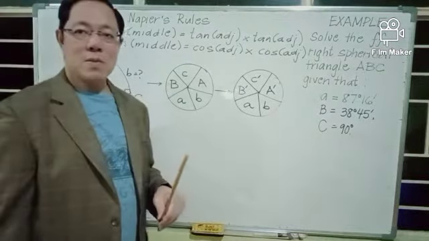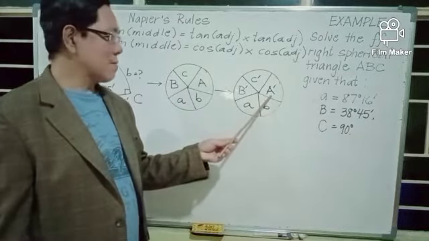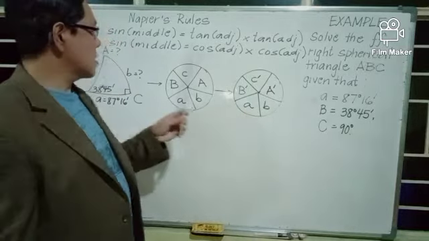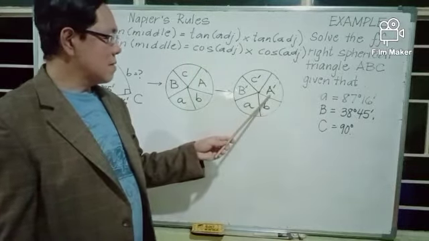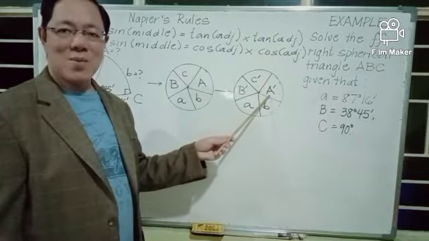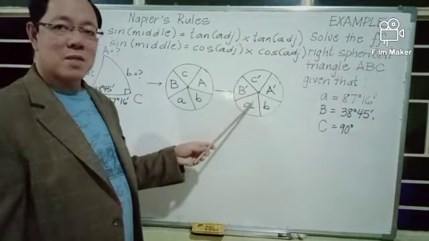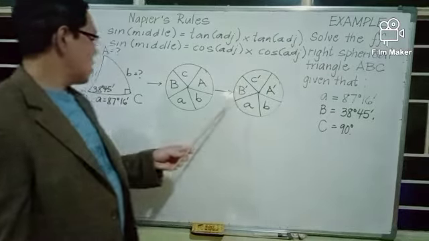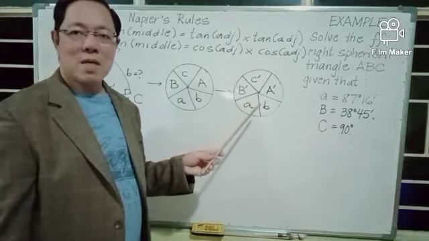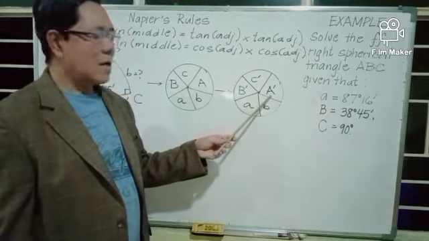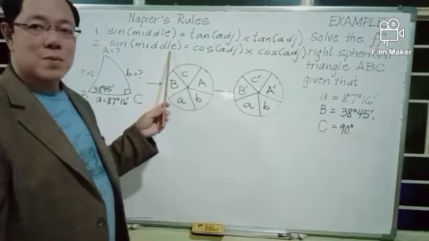Therefore, we cannot use the first Napier's rule to find angle capital A. Suppose we use the second Napier's rule, and it says the sine of the middle part A prime is equal to the product of the cosines of the opposite parts. Now we check small a is given and capital B is given. Therefore, we can find the surface angle A using the second Napier's rule.